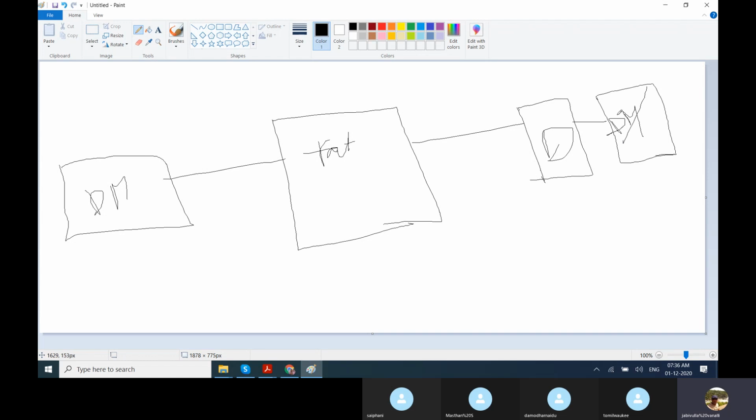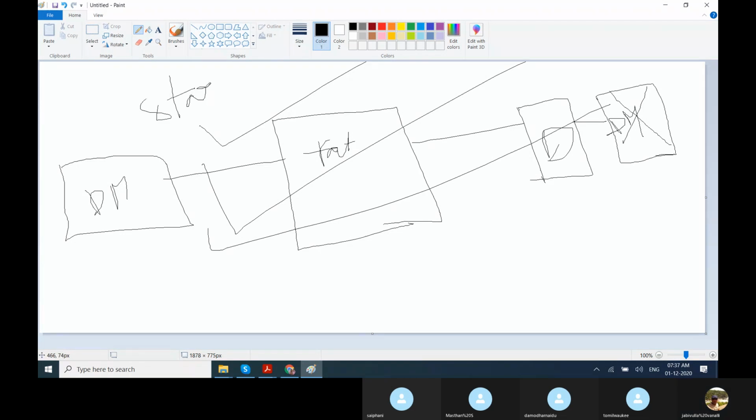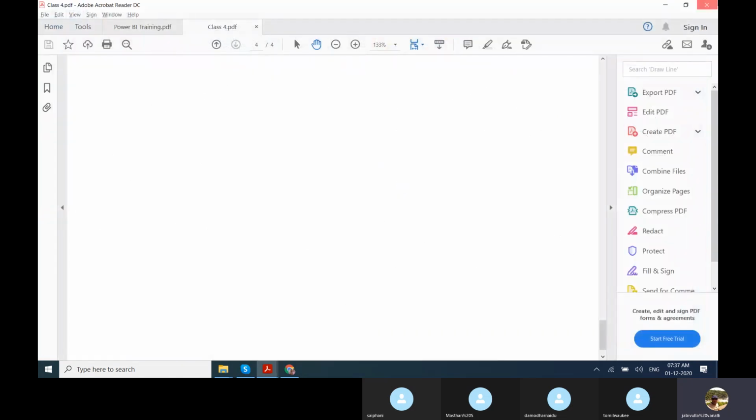If you don't have this dimension to sub-dimension, then it is called star schema. Otherwise, it is called snowflake schema. Okay. Now I will show some data.